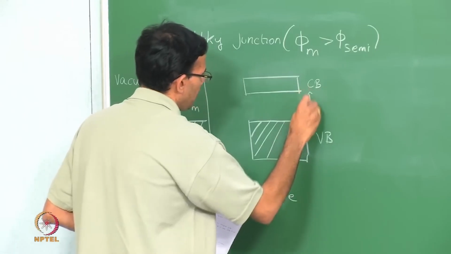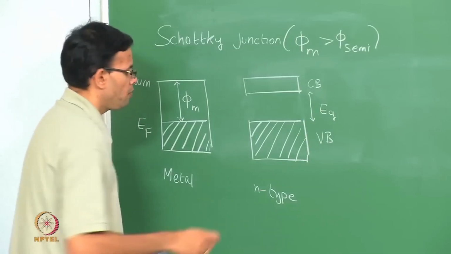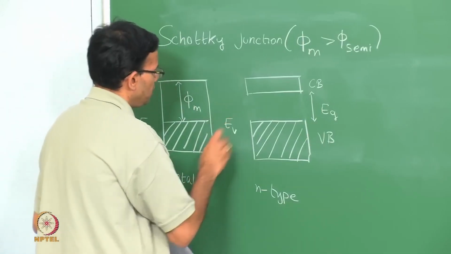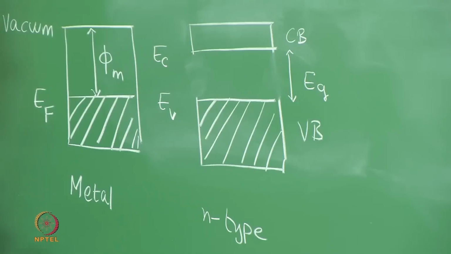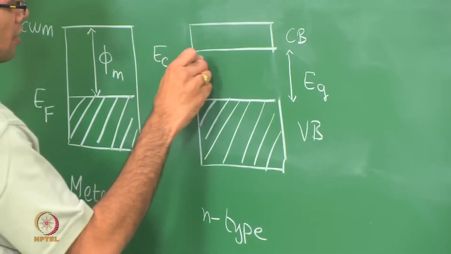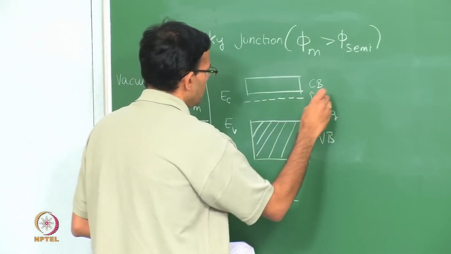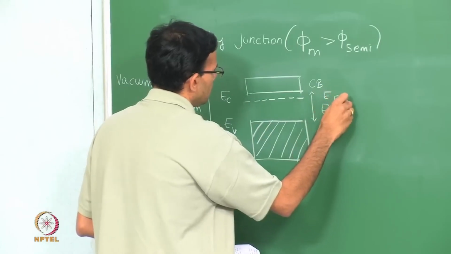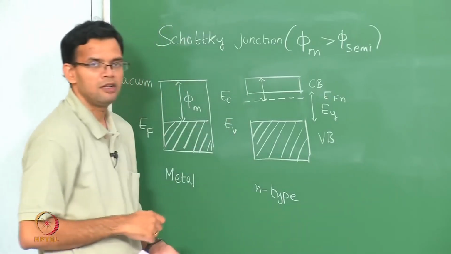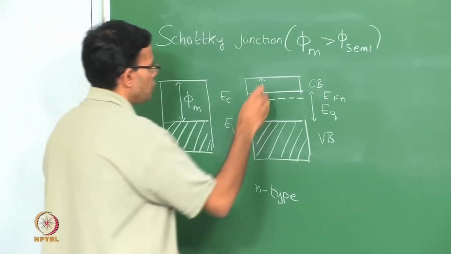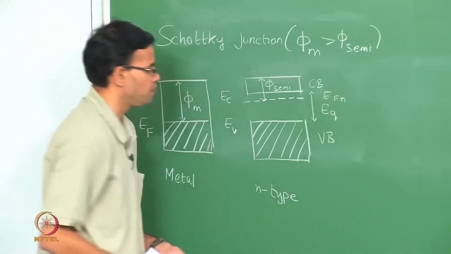So this is the band gap Eg. We denote the top of the valence band as Ev, and the bottom of the conduction band as Ec. This is an n-type semiconductor, so the Fermi level will be closer to the conduction band. Let me call it EFN. The distance from the Fermi level to vacuum is the work function. So this is the work function of the semiconductor.